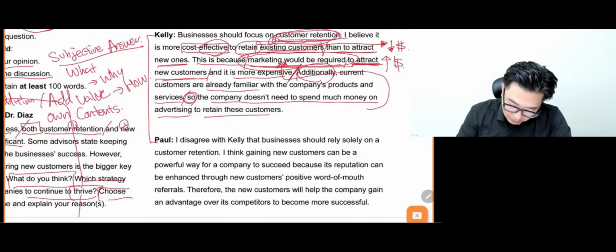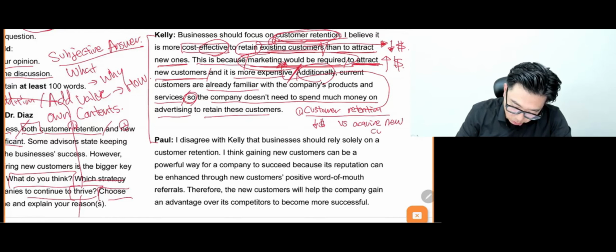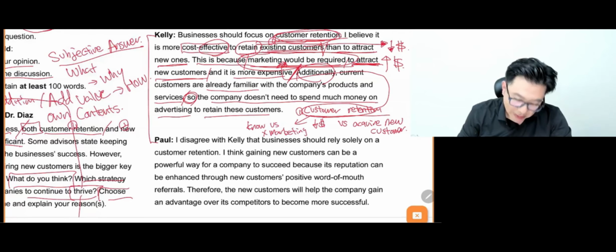So to take notes, Kelly thinks customer retention is a better strategy, more important strategy, because it's going to cost less to do this than trying to win new customers, because existing customers know us already, so we don't need to do marketing, or we only need to do less marketing.